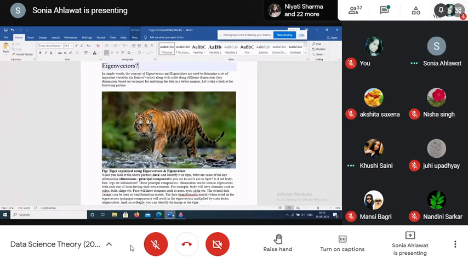Agreed? Yes, ma'am. Fine. Now these are actually the principal things that are making me understand what exactly a tiger looks like. We are not going into all the considerations. I'm not saying that by looking at its eyes, I got to know it is a tiger, or by looking at its spots, or by just looking at its tail.